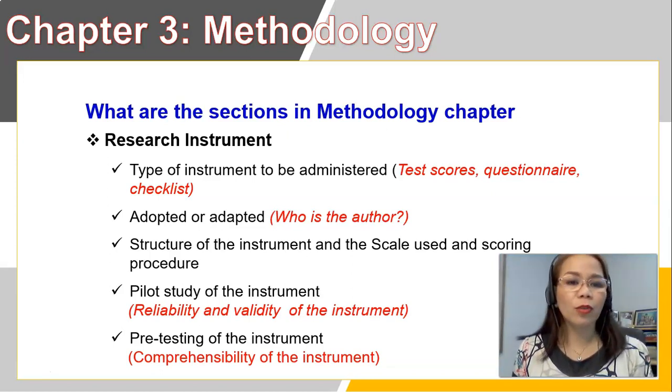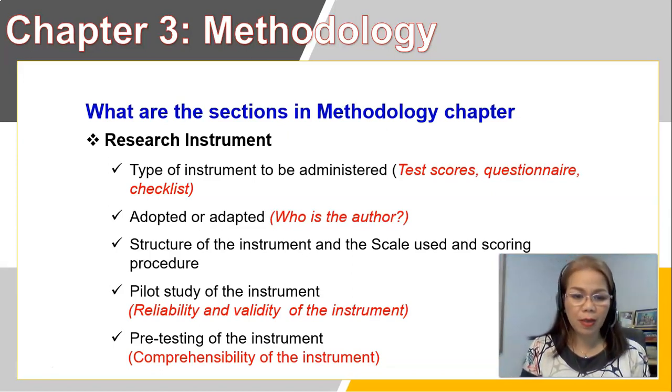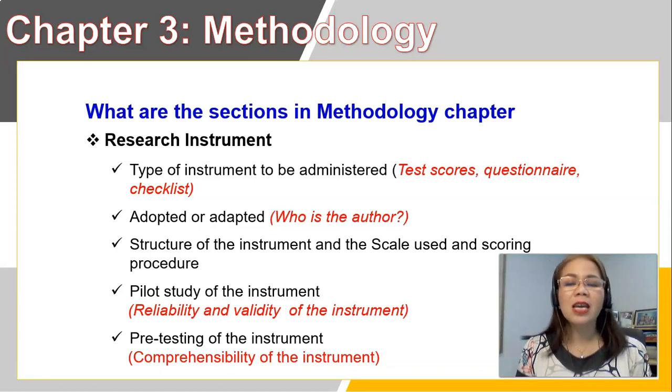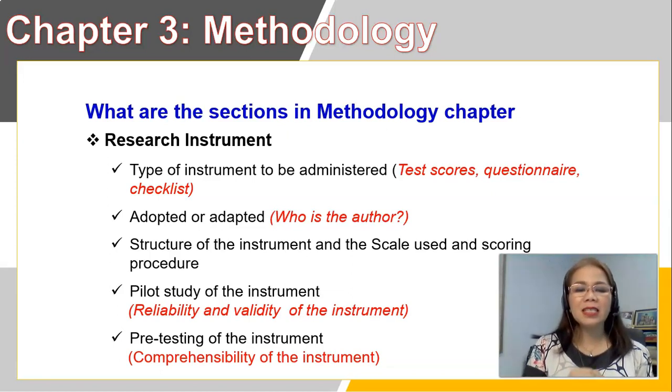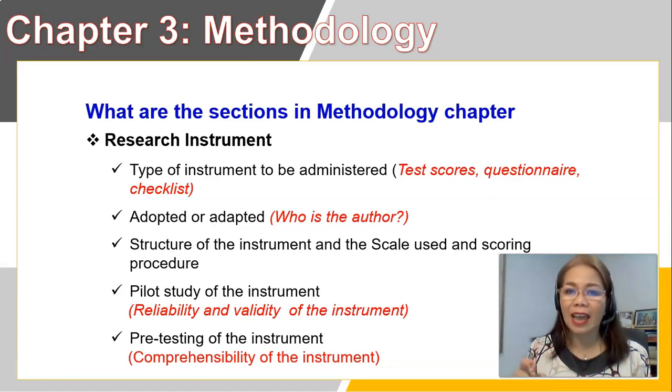Another thing that you have to remember under your research instrument is the pre-testing of the instrument. Pre-testing is important because we want to check if the respondents of your study understand each and every statement of the research questionnaire.